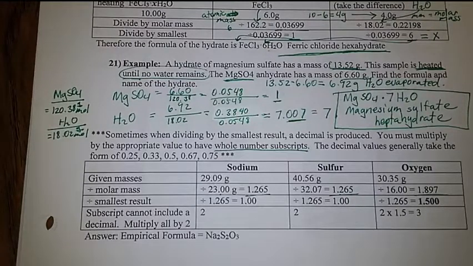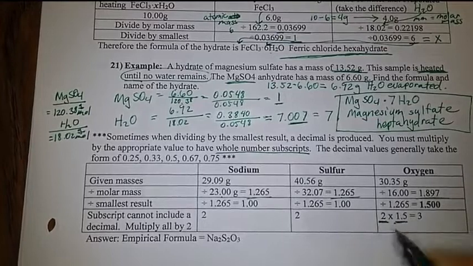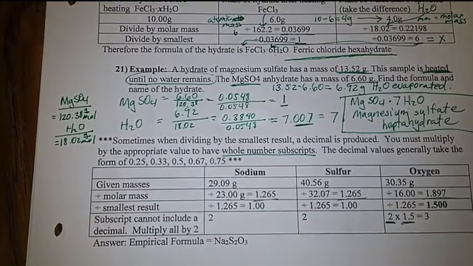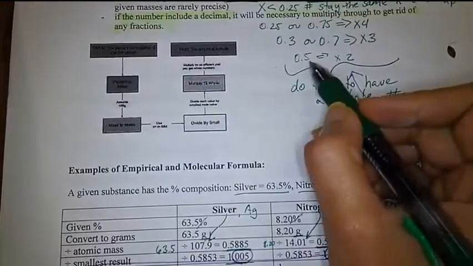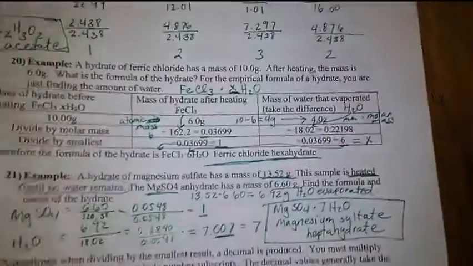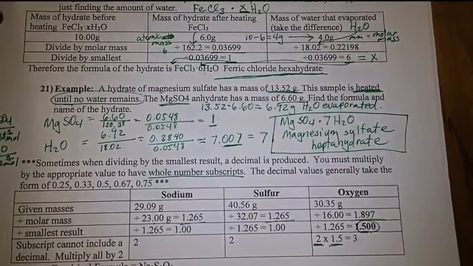So instead of rounding it off, we're going to take this number, and we're going to multiply it by 2 to give us the next whole number. And when we do, because remember, in our notes, we say if the number is 0.5, then you multiply it by 2. Well, this number right here, that's definitely 0.5.